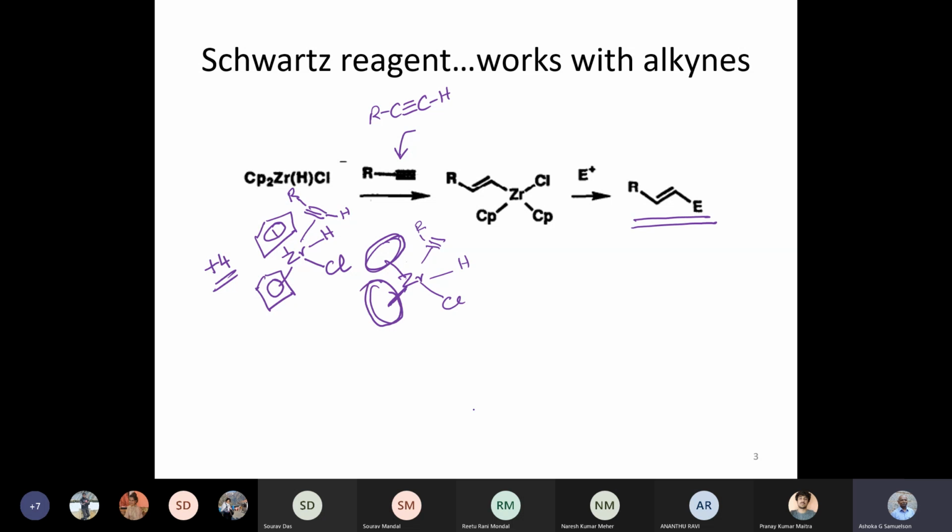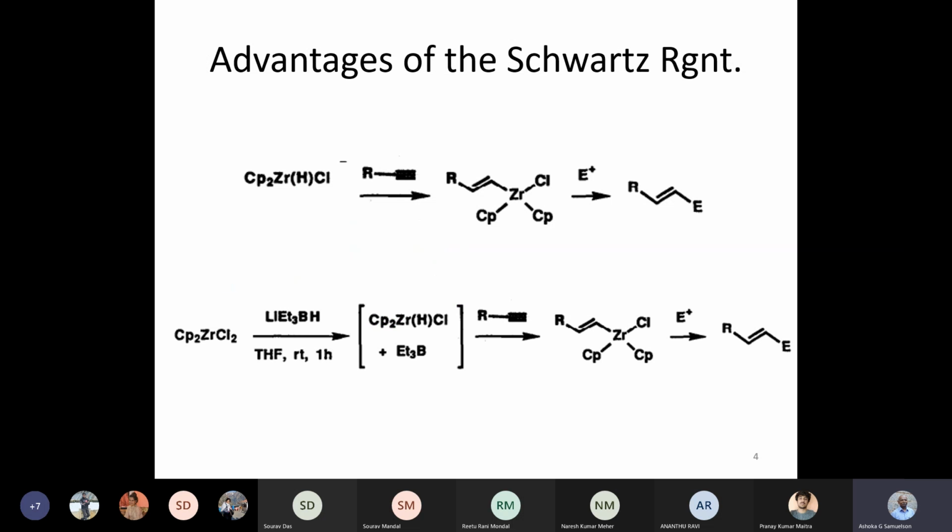Okay, so let's proceed. I will just move on to the next slide. So what happens is this: the hydrogen that was coming in, let me color that in a different color, because that would help you to follow.